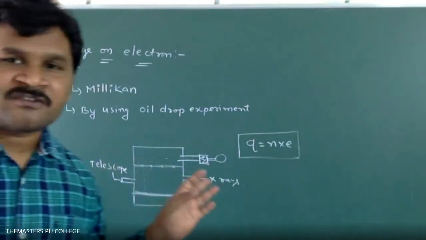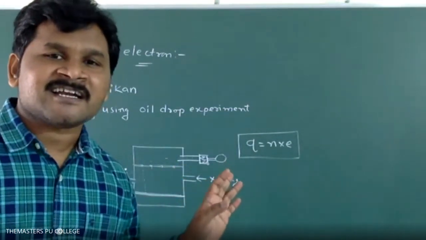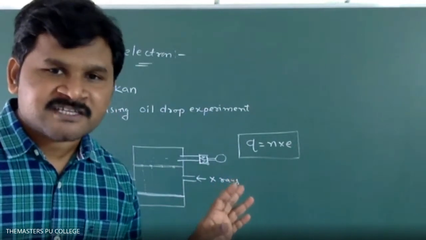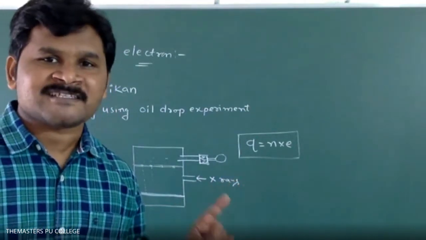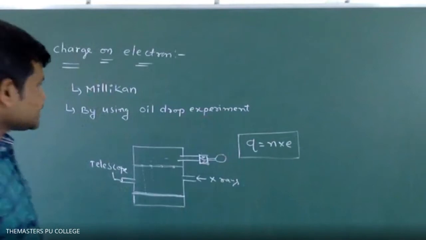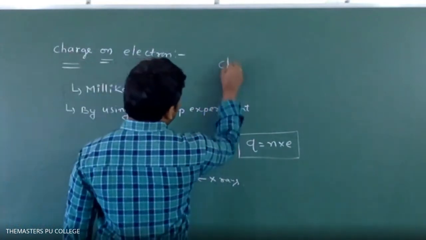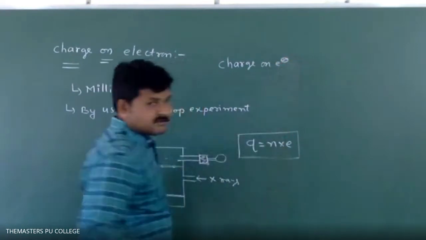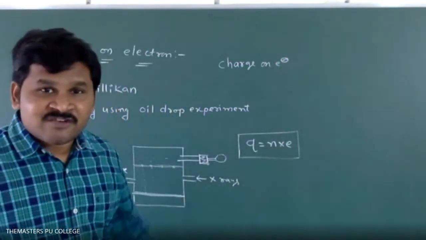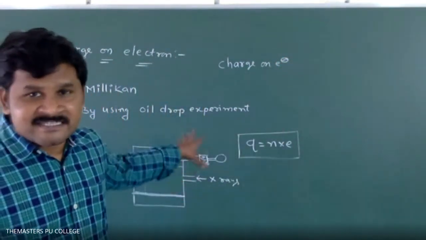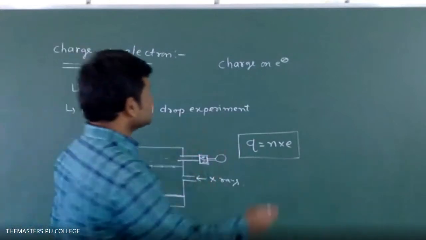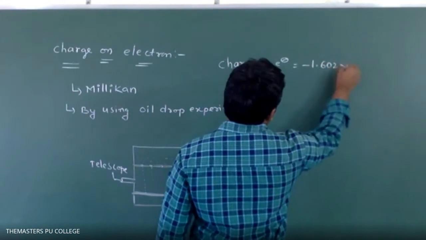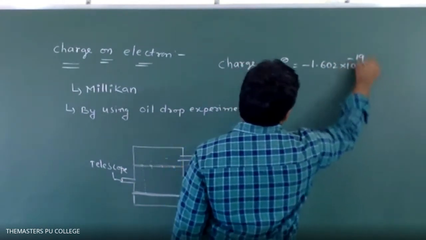So the final conclusion is that the charge on electron is minus 1.602 into 10 power minus 19 coulombs. You can identify this experiment easily with a related problem. What is the charge on proton? Plus 1.602 into 10 power minus 19 coulombs.